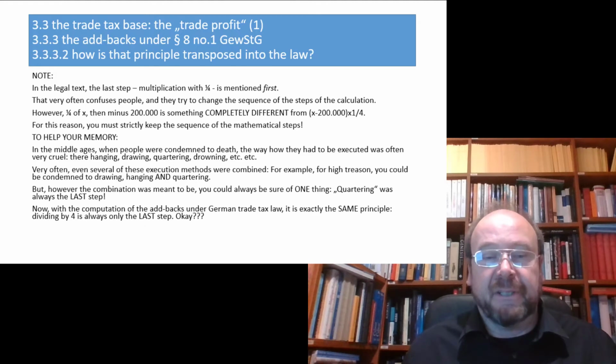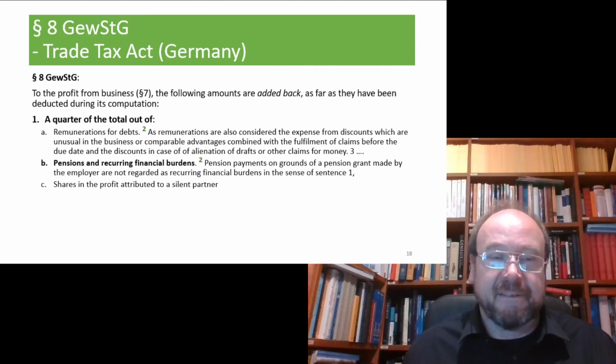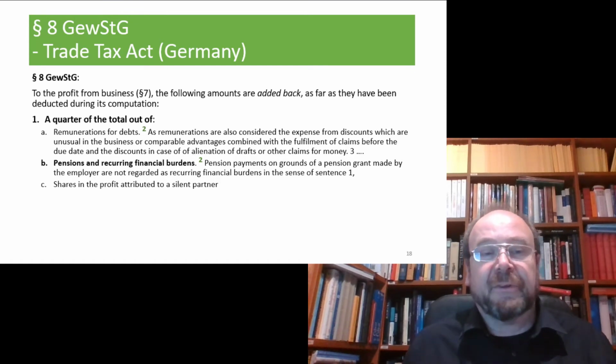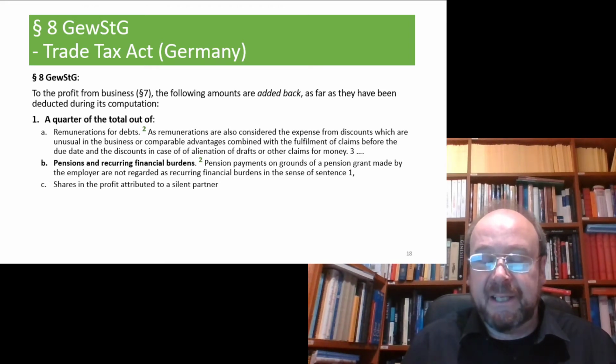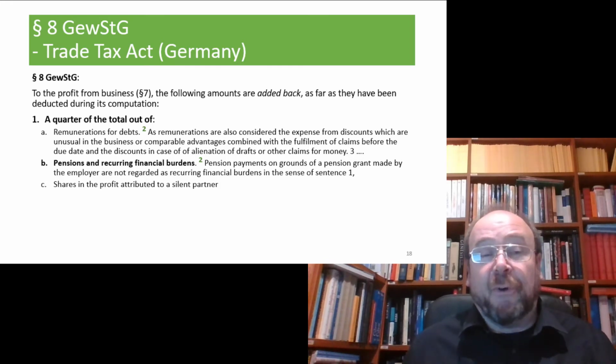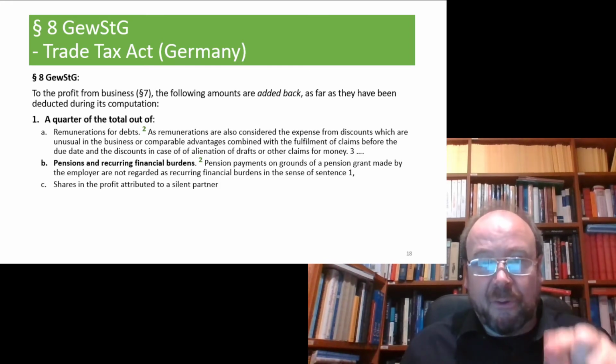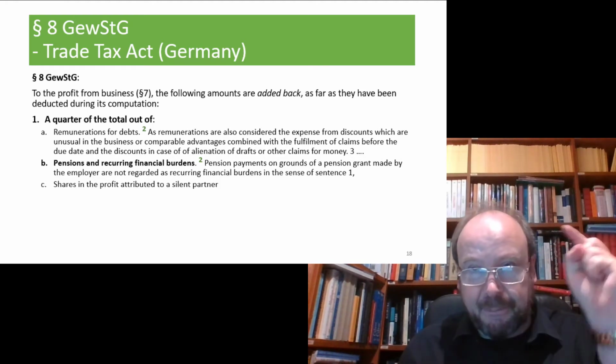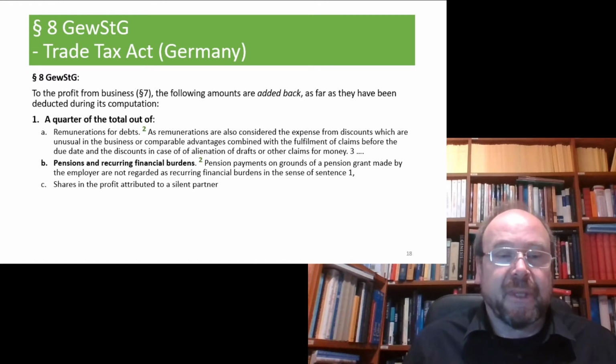Good. When we know that now, let's have a look at the wording of the law, which says in paragraph 8, to the profit from business, the following amounts are added back if and as far as they have been deducted during the computation. A quarter of. Now you see, the law mentions this first, but you know and will never forget, quartering comes only at the end.